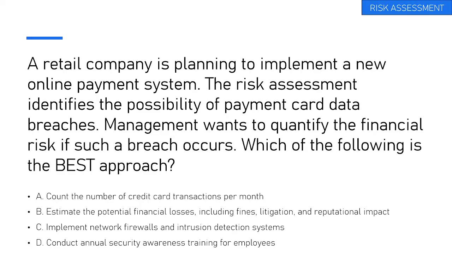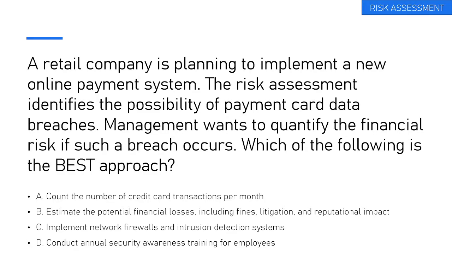So A is not the right choice by that definition. B is estimating the potential financial losses, including fines, litigation, and reputational impact. That's what we just talked about, so let's leave that in there.